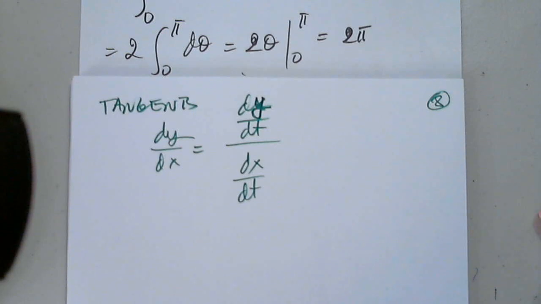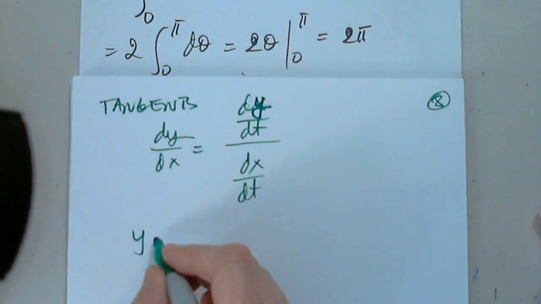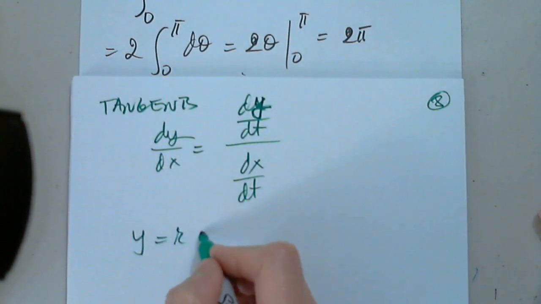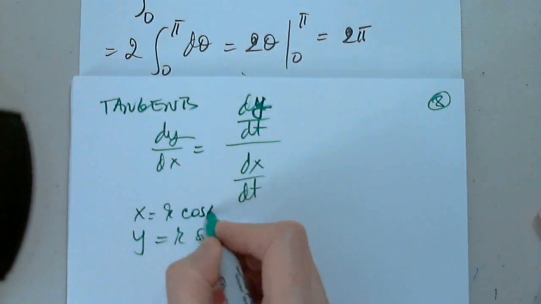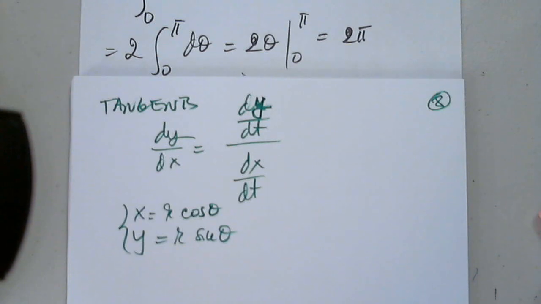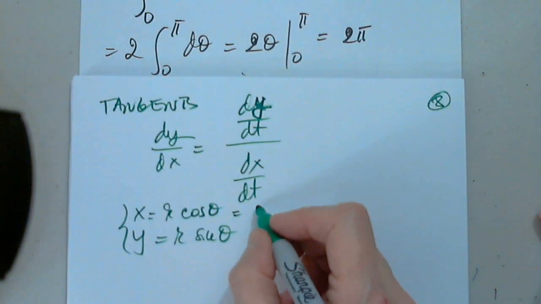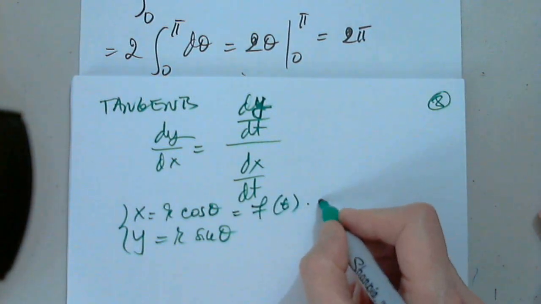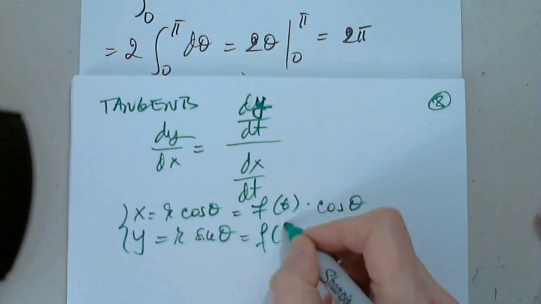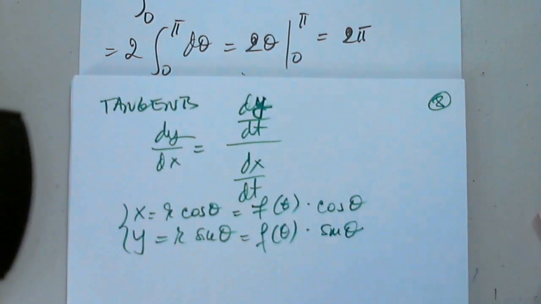Also, to refresh your memory, we had that y equals r sine theta and x is r cosine theta. We knew this from the very beginning of the polar coordinates. So this is a function f of theta times cosine theta, and this is a function f of theta times sine theta.